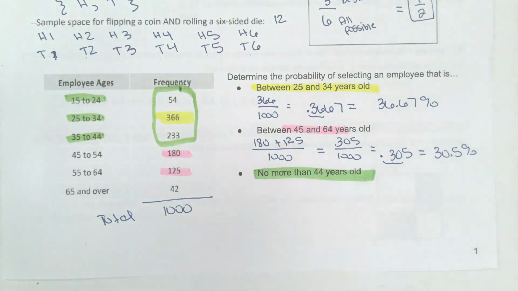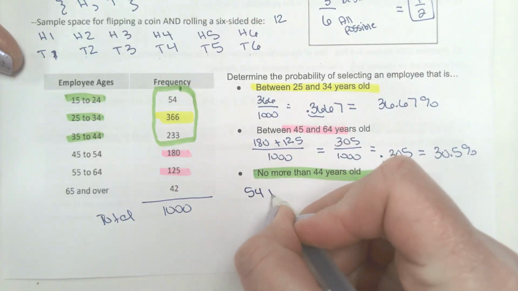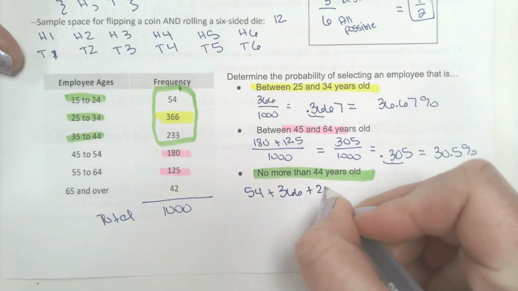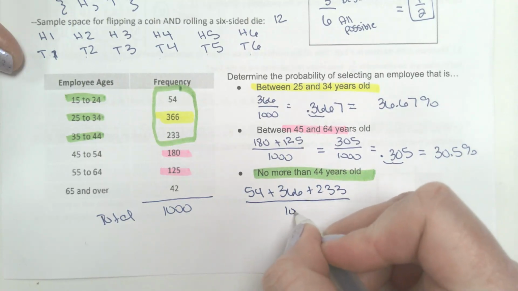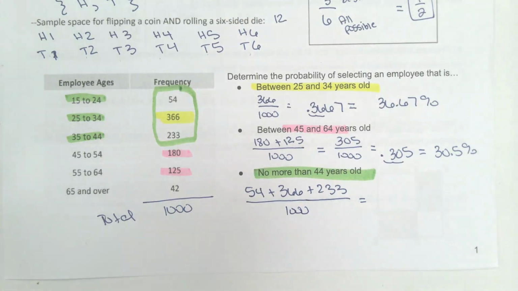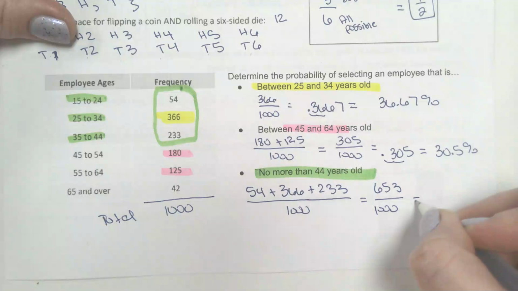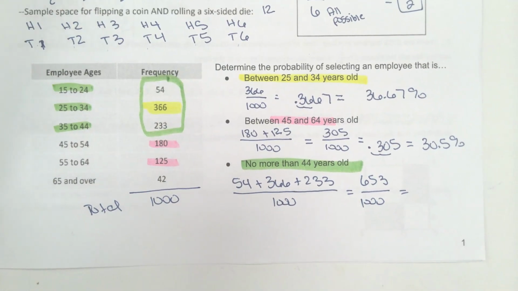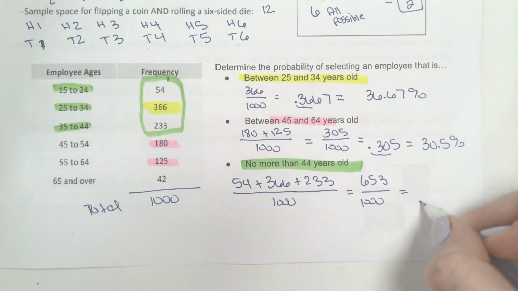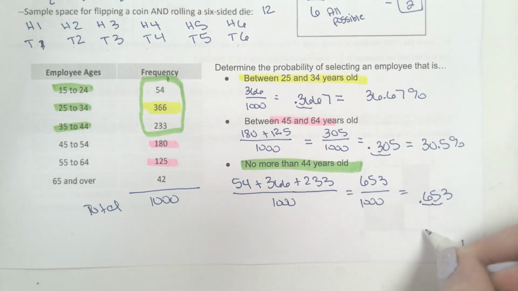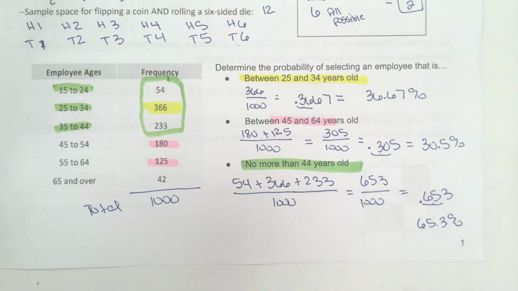All right, so those are all the groups that are less than 44 years old. You're going to do the math on top. We're going to get a decimal. And we're going to turn that into a percent.